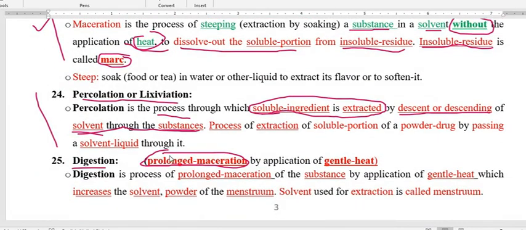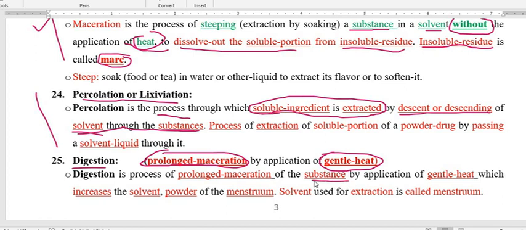In simple maceration we are not applying heat, but in digestion we apply gentle heat to isolate the dissolved material from the substance.